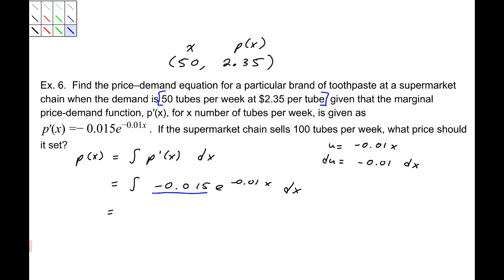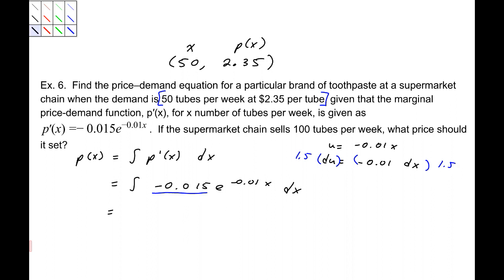So what we could do if we didn't know what number to do, we could divide by negative 0.01 and then multiply by negative 0.015. I do happen to know, however, that if I multiply both sides here by 1.5, that will get me the constant that I want.